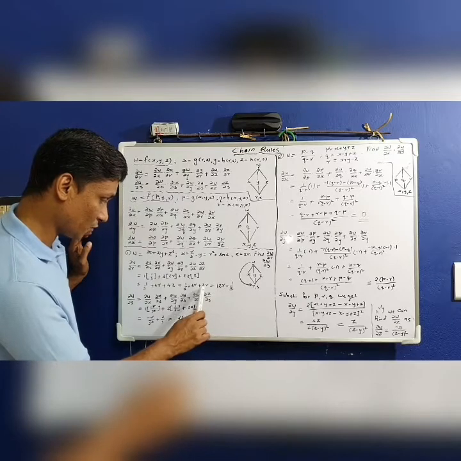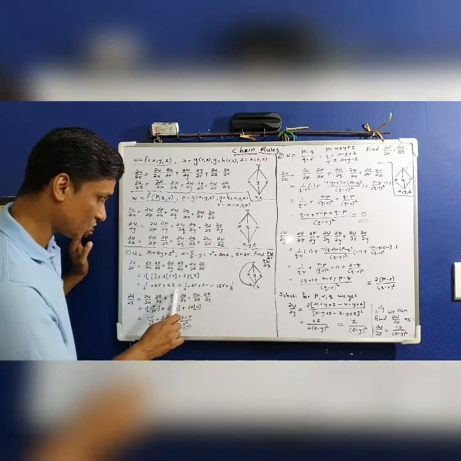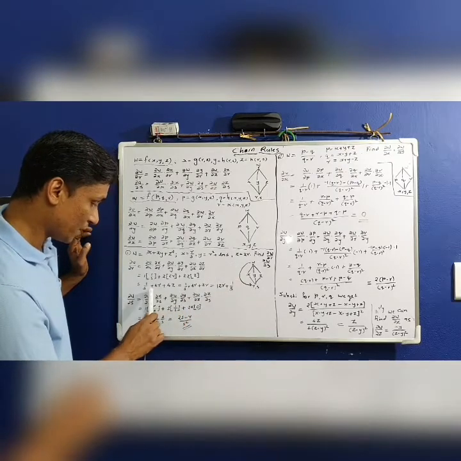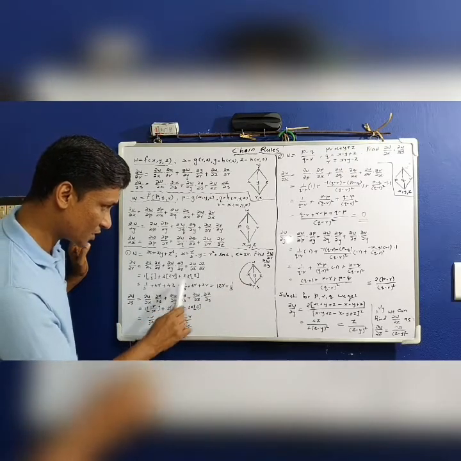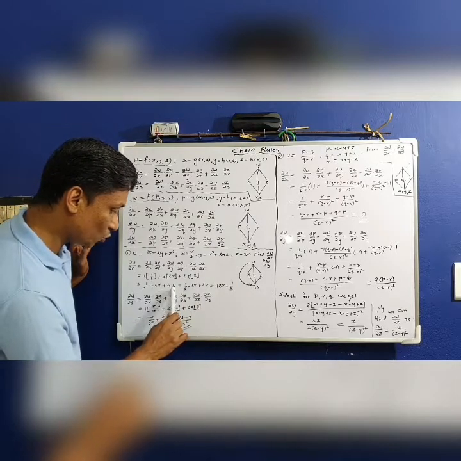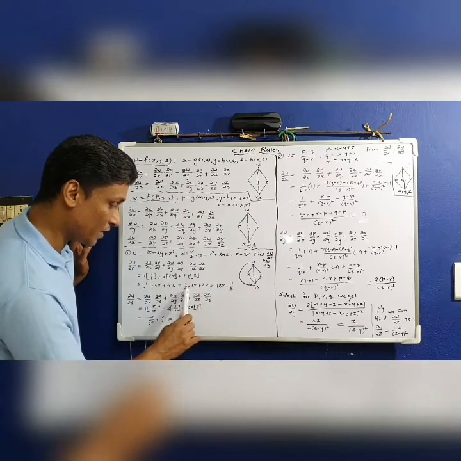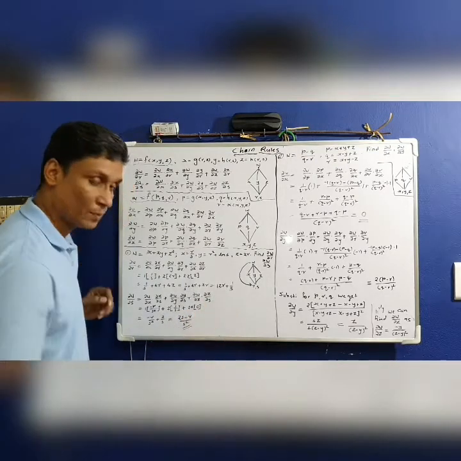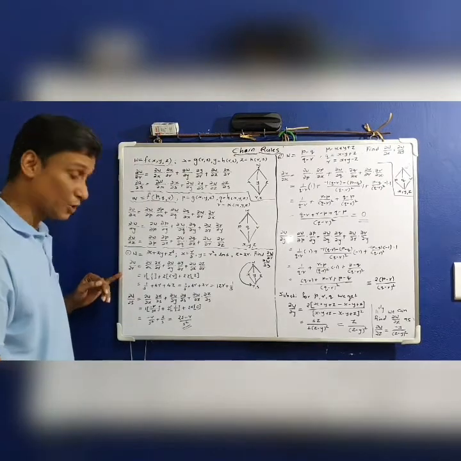Substituting z = 2r, we get 1/s + 4r + 4 into 2r, that is 8r. So 1/s + 4r + 8r, that is 12r + 1/s. That is our ∂w/∂r.